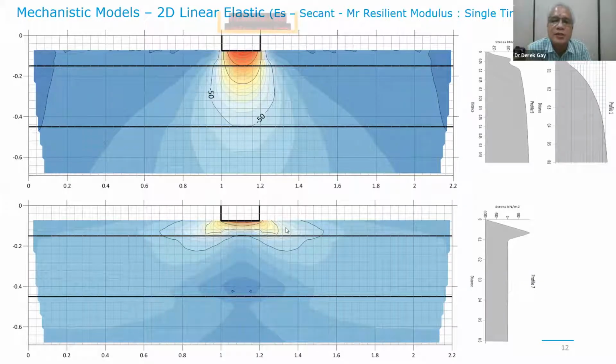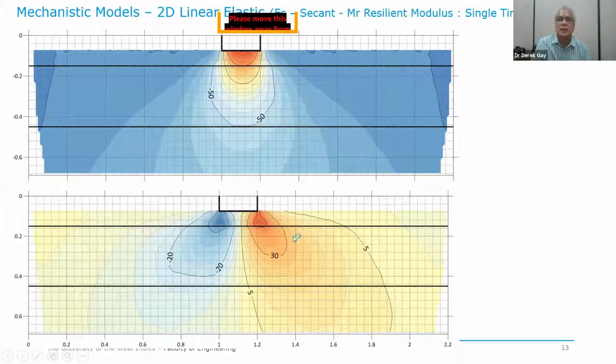Similarly, the horizontal stresses actually penetrate into the base layer. Right? So the takeaway from this slide is that when we soften that asphaltic shell, the stresses transmit further into the pavement.